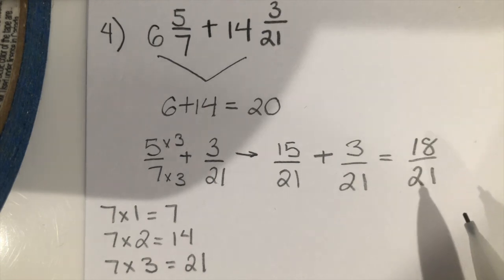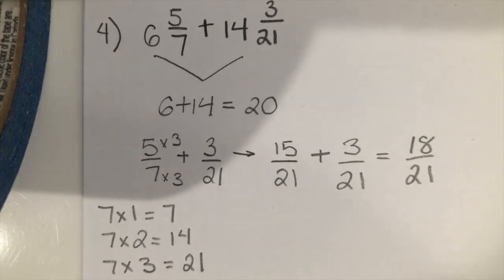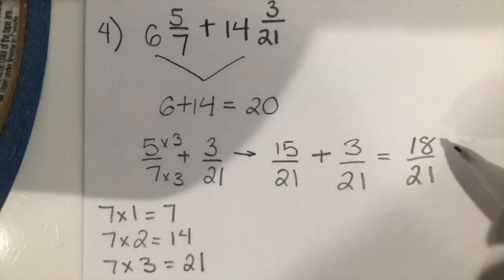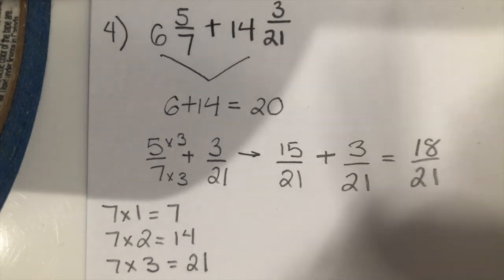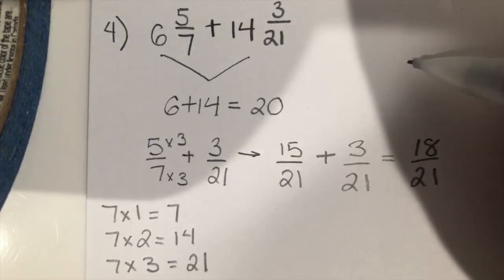But it doesn't stop there. We can simplify this fraction further because they have one number in common. So you have to divide 18 and 21 both by 3 because 6 times 3 equals 18 and 7 times 3 equals 21.